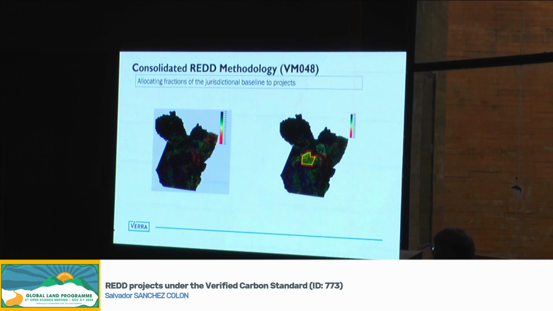That's basically the main parts of this new methodology, new approach for setting REDD project baselines. And we are convinced that this new approach solves some of the major shortcomings that were found with traditional methodologies.